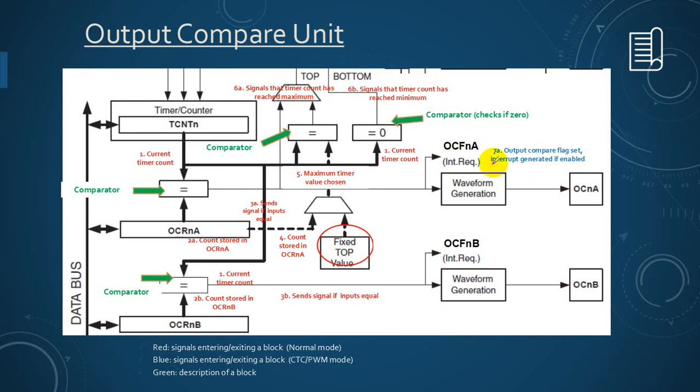Then you set the flag bit: output compare flag bit A and flag bit B. The output compare flag is set and an interrupt is generated if enabled.